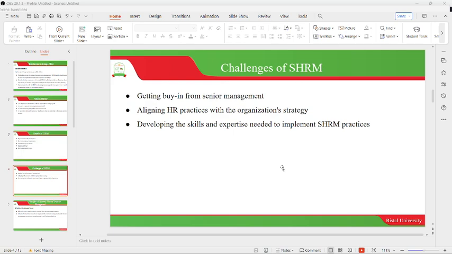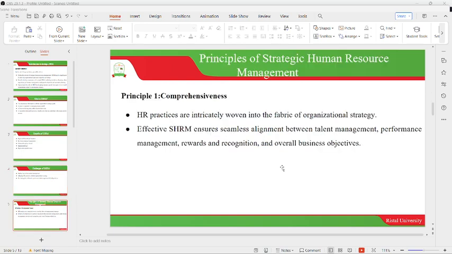So having looked at that, now let us focus on the principles of strategic human resource management. Principle number one is comprehensiveness. Under comprehensiveness, you need to have different things combined in one. Comprehensive means not neglecting any element of human resource management.